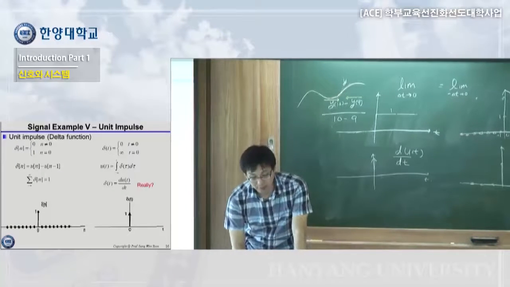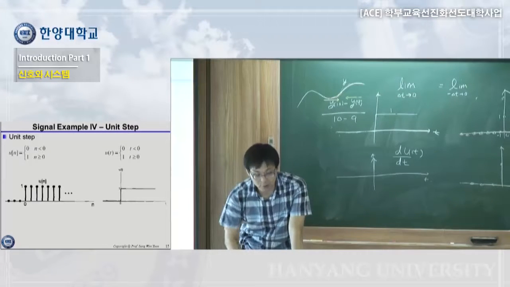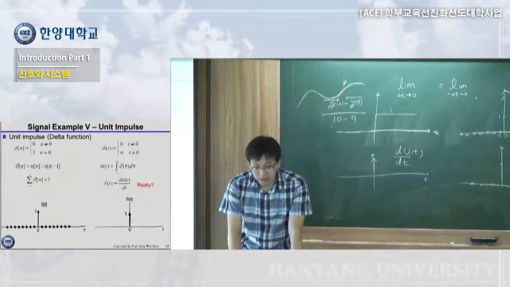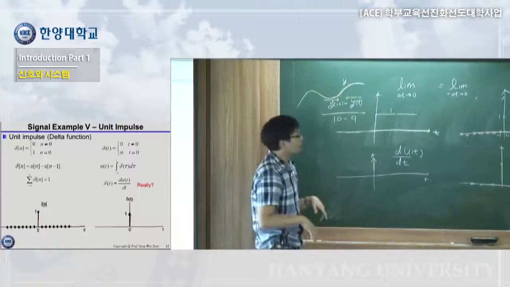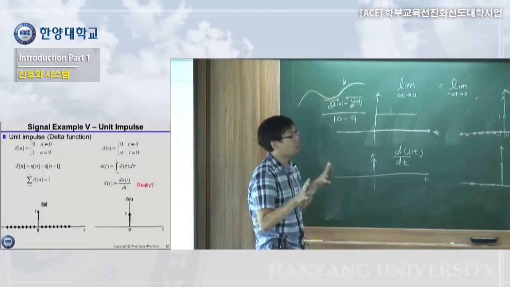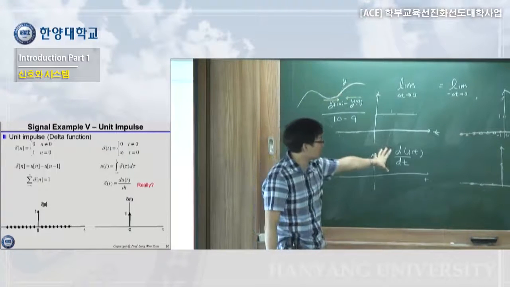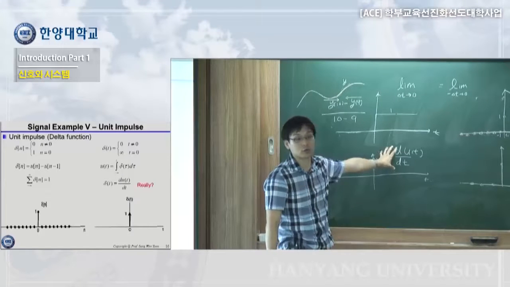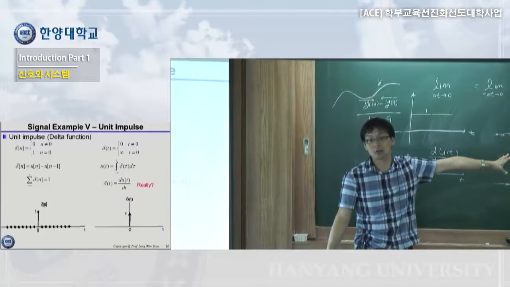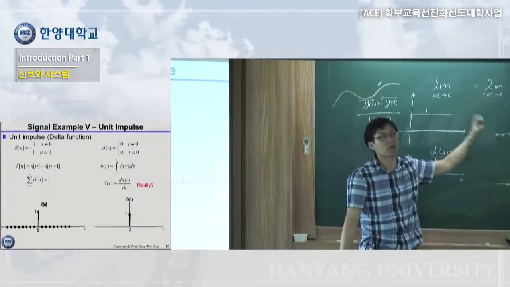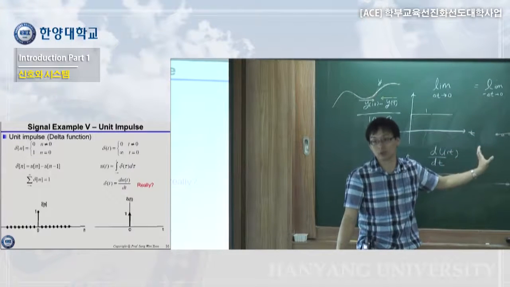So we define two important functions: step function and unit function, delta function. Delta function and unit function have a relationship that differentiation of unit function is delta function. Subtraction of unit function becomes delta function.